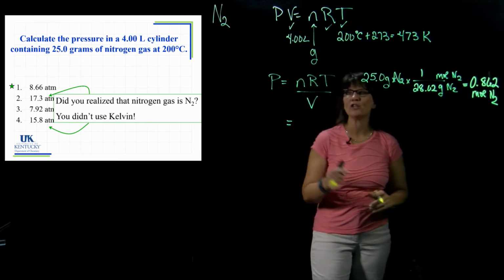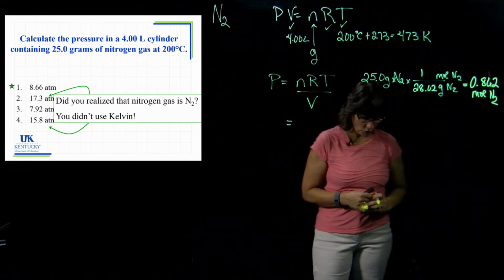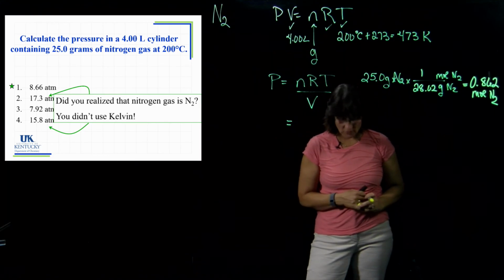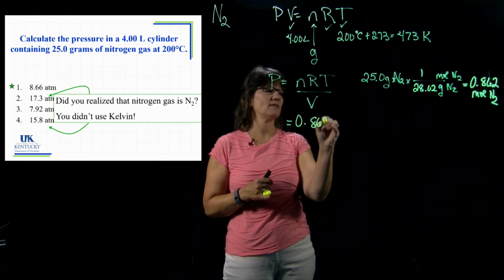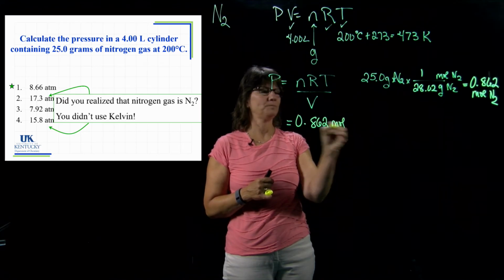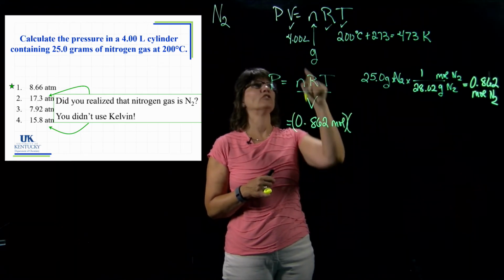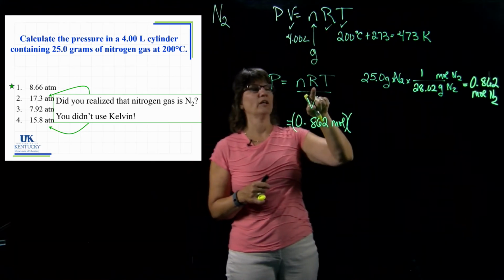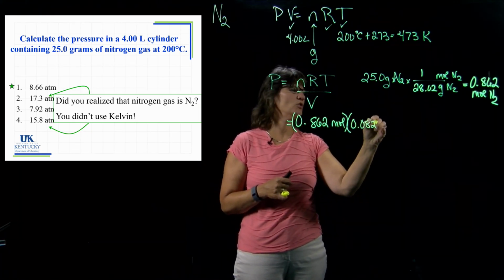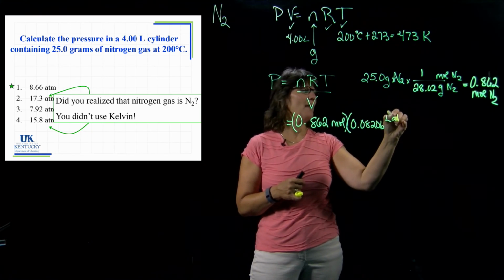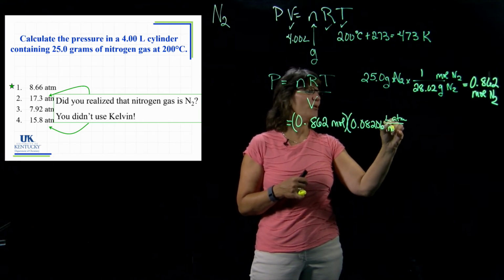Okay, so now I do know the moles of N2 that I can plug into this equation. So let's put that here, 0.862 moles. All right, let's do the next, which is R, 0.08206 liter atmospheres, don't be lazy, per mole Kelvin.